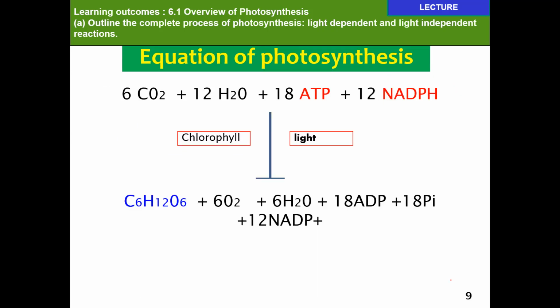This is the detailed equation of photosynthesis. In photosynthesis, 6 carbon dioxide plus 12 water plus 18 ATP plus 12 NADPH, then the chlorophyll absorbs the light, produces 1 glucose, 6 oxygen, 6 water, 18 ADP, 18 inorganic phosphate, and 12 NADP plus.